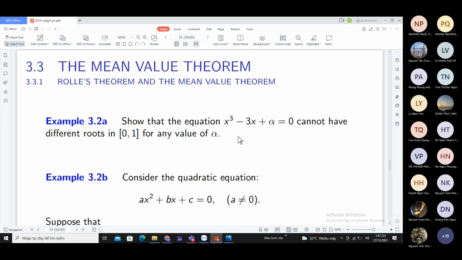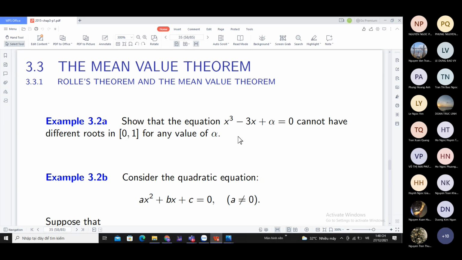What does it mean? It means that the given equation cannot have two different roots, x1, x2, where x1, x2 belong to the closed interval 0, 1.